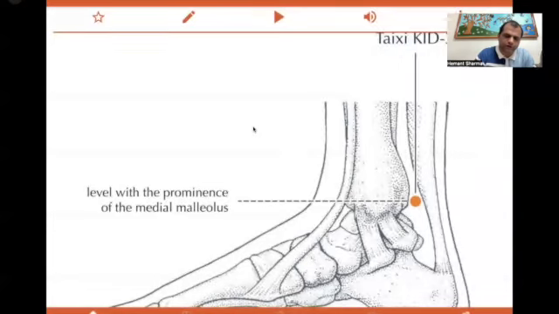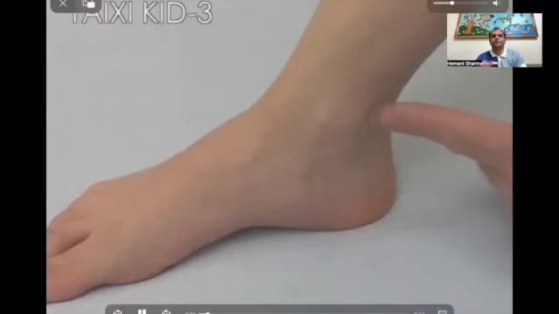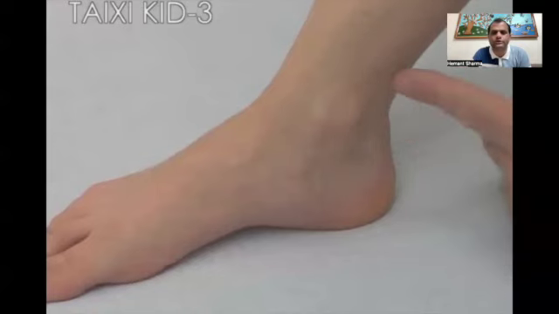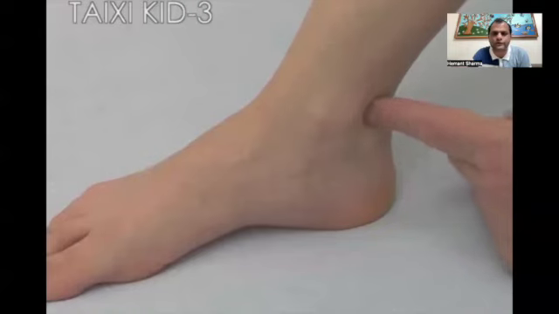So we have to treat at the same location exactly. Look at this, this is the kidney 3. We know this is the medial malleolus, and just inside this is the location of kidney 3. We are going to treat here. And if we see, this is exactly like the wrist joint.